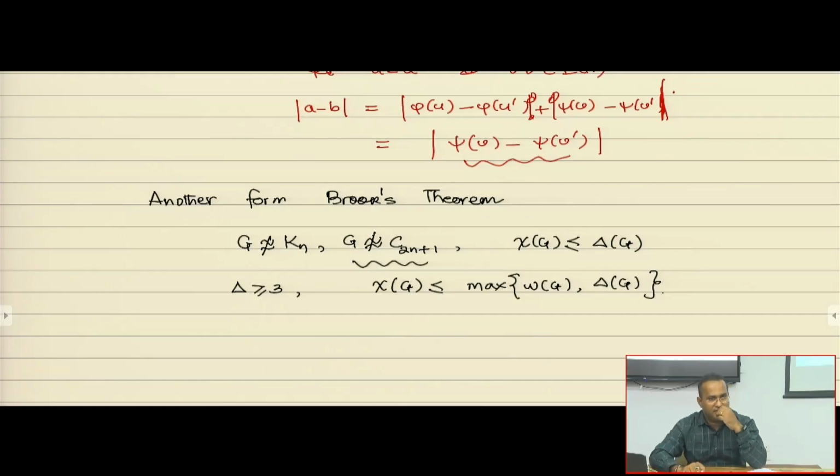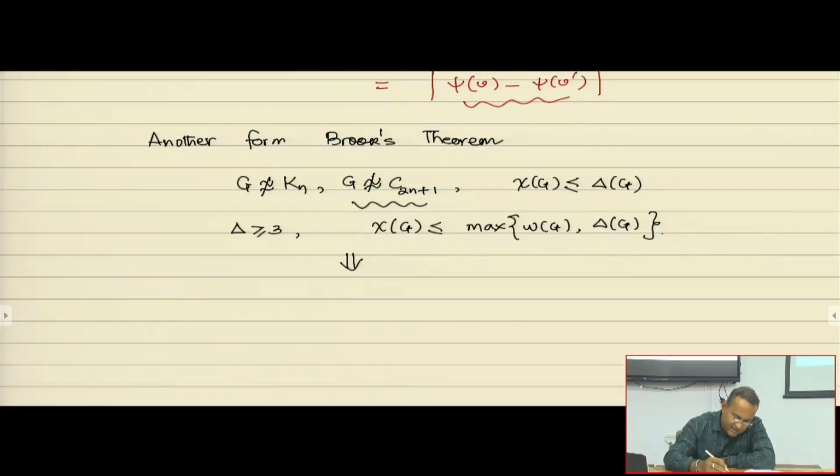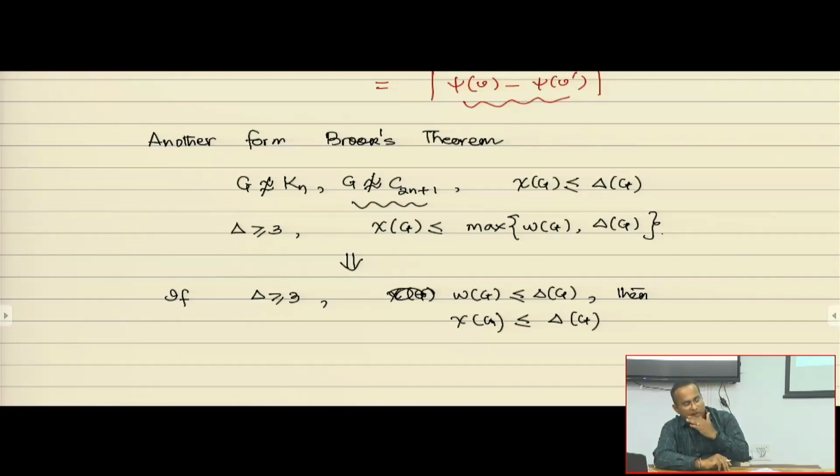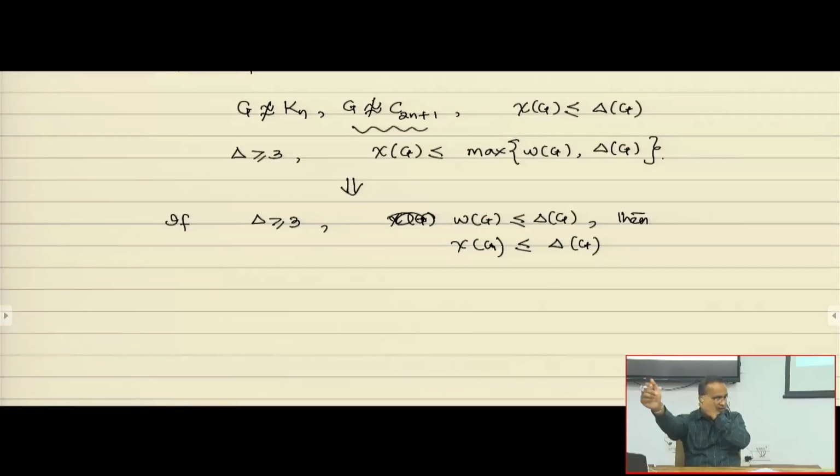And this can also be written as: if omega of g is less than or equal to delta of g, then chi of g will be delta of g. Fine.